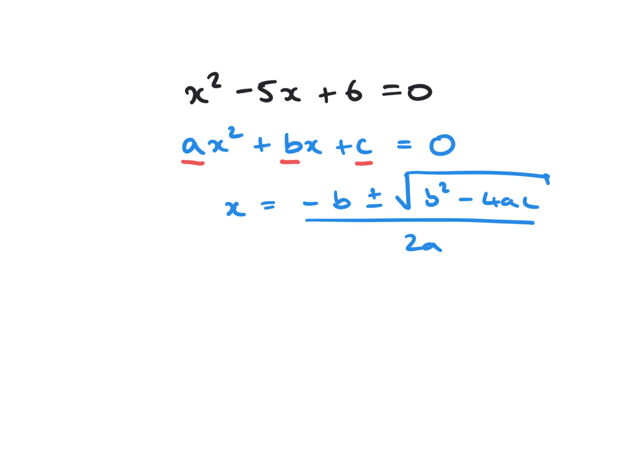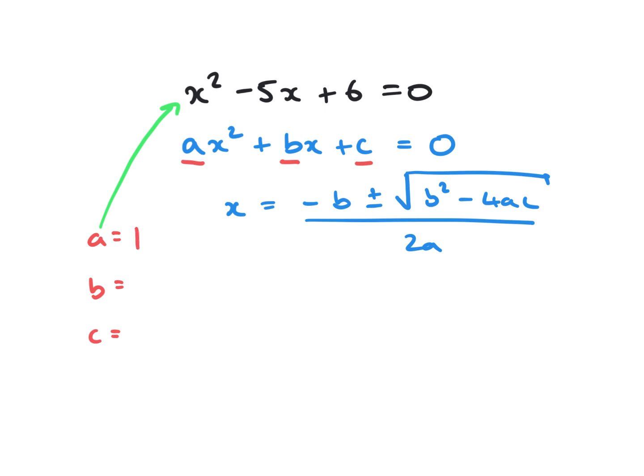All right, next thing I'm going to do here is figure out what is the value of a according to our original question, what is the value of b, and what is the value of c. Now, a, I'm going to arrow that one, is the number that occurs directly in front of the x squared. There doesn't seem to be a number there, but there is actually a number that we can't see. It is the number 1. So 1.